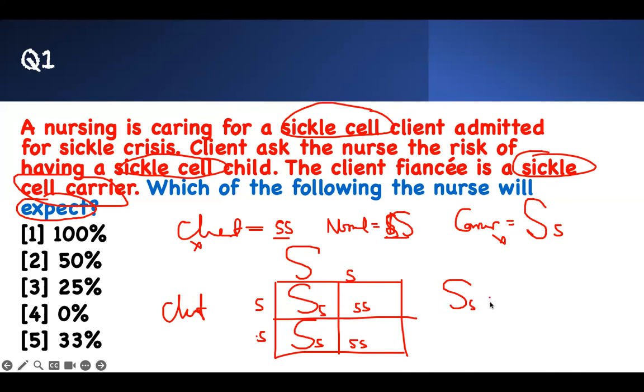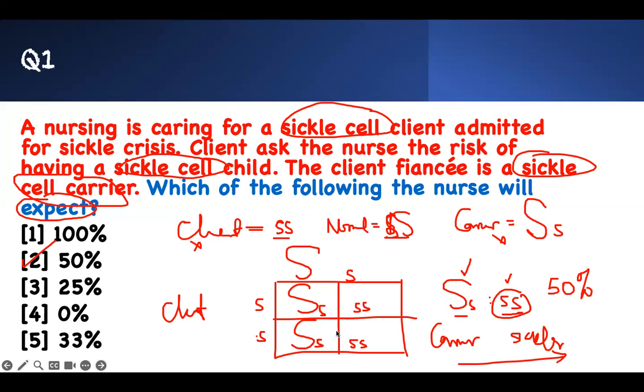If they have four children, two out of four is basically 50%. Half is going to be this person and half is going to be that. This person is a carrier, and this person is a sickler. So having a sickle cell baby is 50%, which they have to think wisely about.